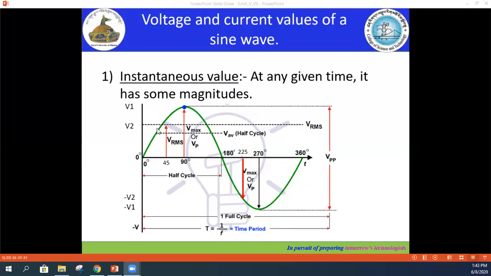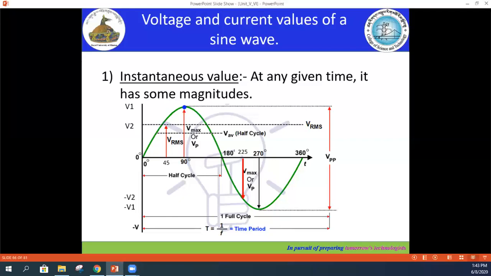So the instantaneous value means at any given time, it has some magnitude. Here we have magnitudes V2, V1, and then 0 at the 0 degree, which means at any time we have some magnitude. And that magnitude at a given time is called the instantaneous value.